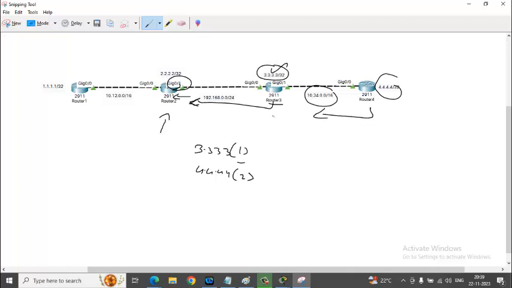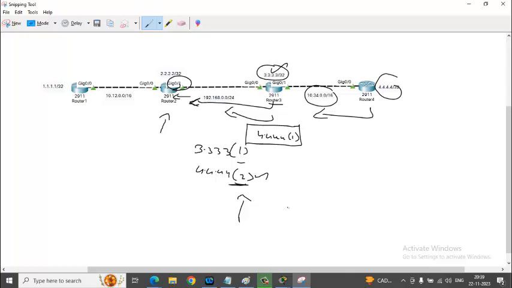Now what I'm trying to say is, after advertising, router 2 has learned it as how many hops? Two hop. After this, if this 4.4.4.4 network goes down, router 3 will be advertising its own network, right?